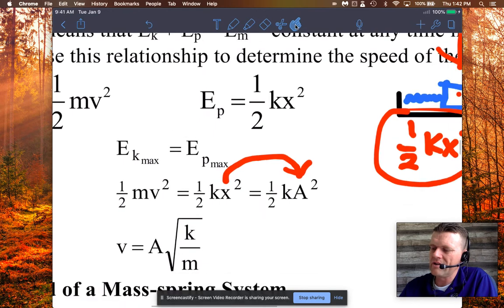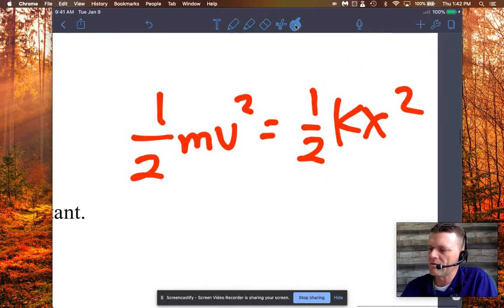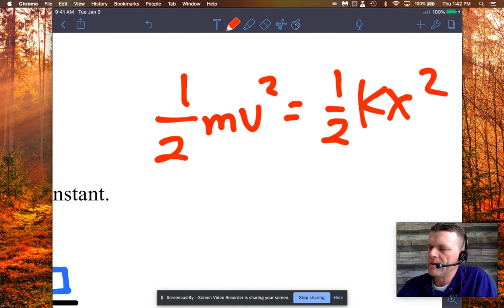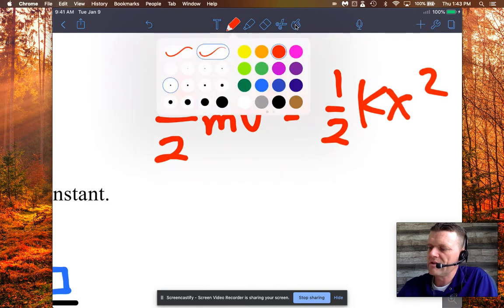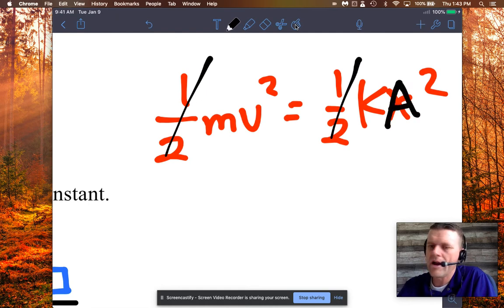Now, it kind of did skip a step here. I started writing it over here, so I'll just finish it for you. The 1/2 is the same on both sides, so we can just cancel that out. Now you have mv squared equals kx squared. Sorry, I forgot to change that. We're going to change that x to an a for amplitude, because it's a special x.